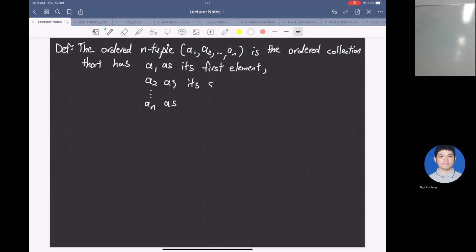This isn't strange to you because it's like the xy coordinates. So when n equals 2, it is the ordered pair, which is like the xy coordinates.